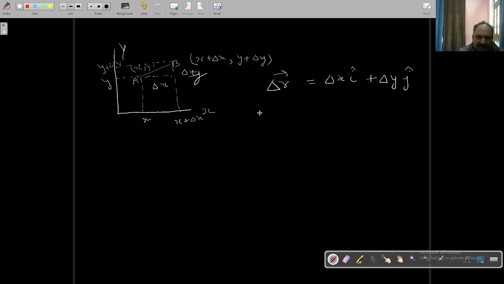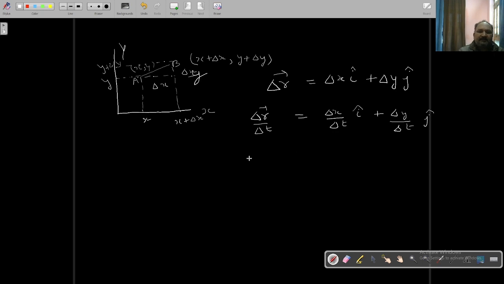Now we take the derivative over time. Delta r by delta t is equal to delta x by delta t i cap plus delta y by delta t j cap.